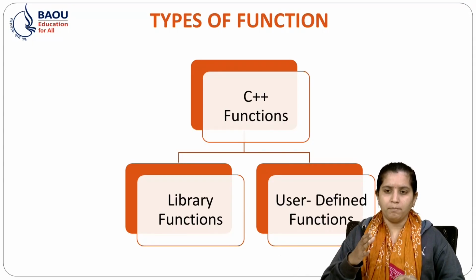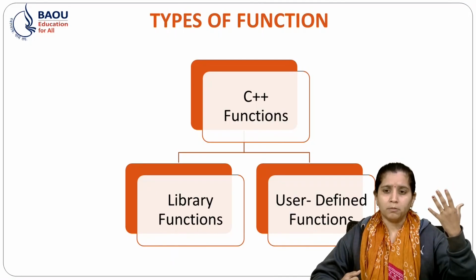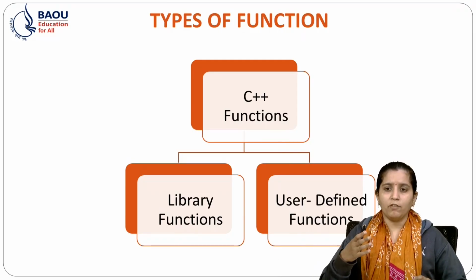So, for example, if we have mathematical functions to perform in a specific program, then what will we use? We will use mathematical functions. And for that, we have a separate library, that is the cmath library, to perform mathematical functions in our program.